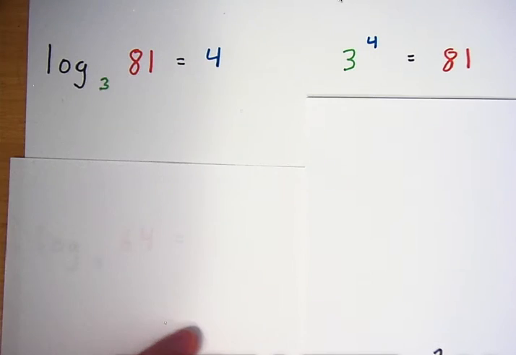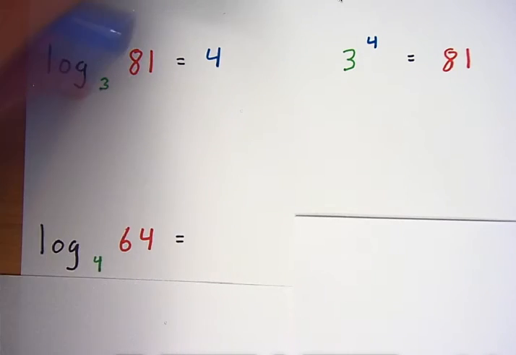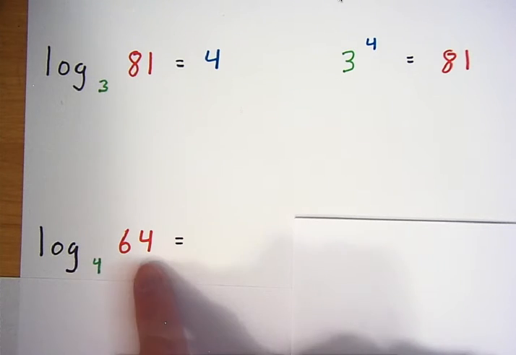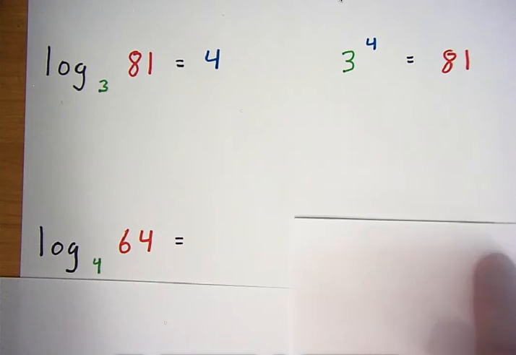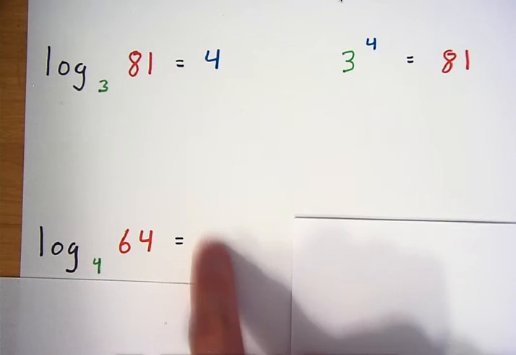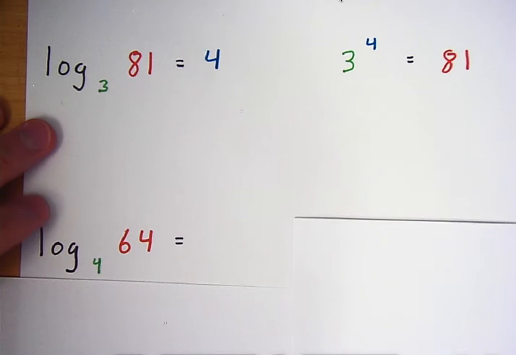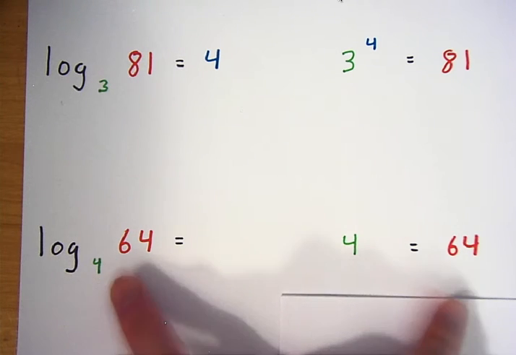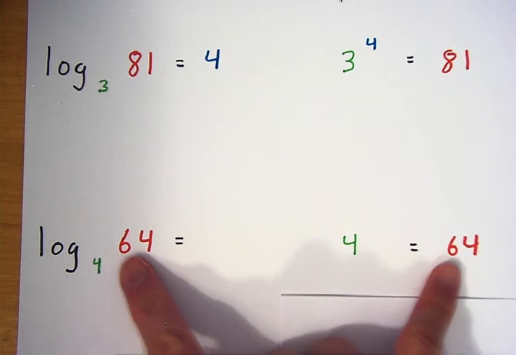Let's try another one. I want you to pause for a second, and write this in exponent form and try to solve for this. Hit play when you're ready. All right, so my base here is 4. The other side of my exponential function will be 64.